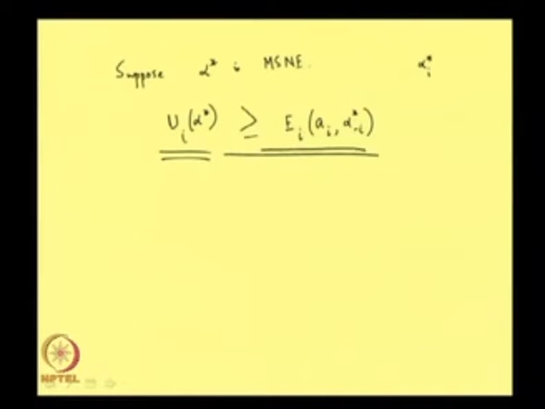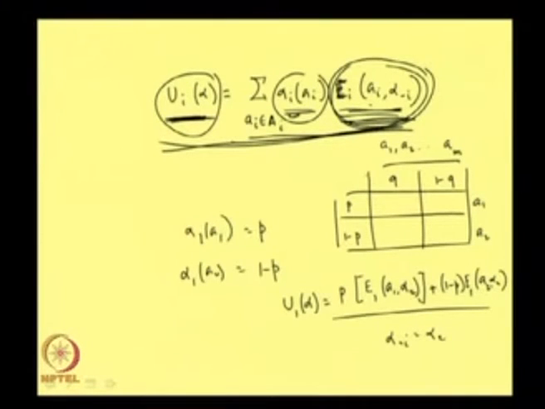Well, if one of the actions is such that the expected payoff is less, then there is no reason why the player should put positive weight or positive probability alpha on that action, because if the expected payoff is less than the other expected payoff, it will be best for the player to put a weight of 0 on that action. So, in that case this weight cannot be positive, it will be 0. So, if it has to be positive, it must be the case that these EIs are all equal. So, that is the intuition.